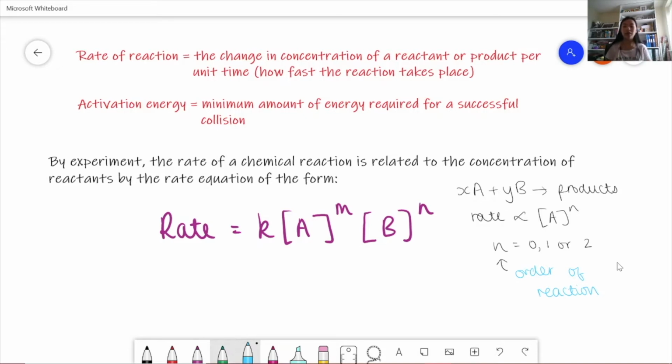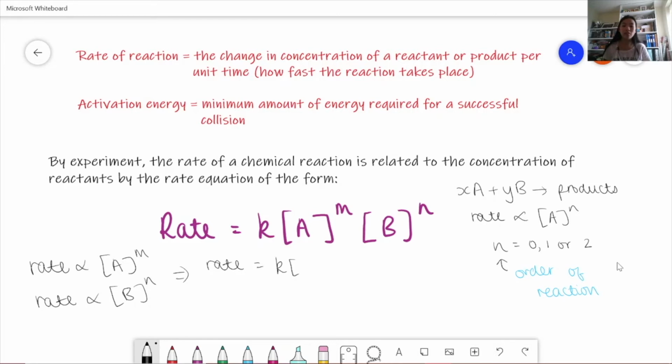because if we have the rate is directly proportional to A to the power of, let's say, m, and we also have that rate is directly proportional to the concentration of B to the power of n, then that means we have that the rate is equal to k times this concentration of A to the power of m, and k becomes a rate constant.